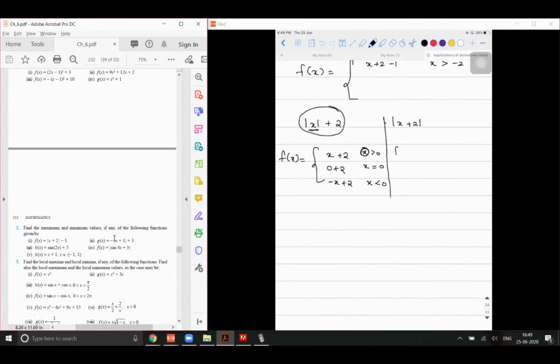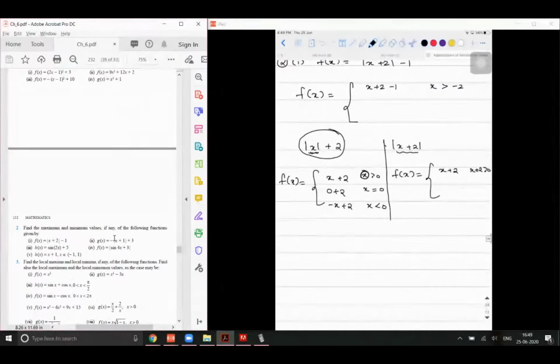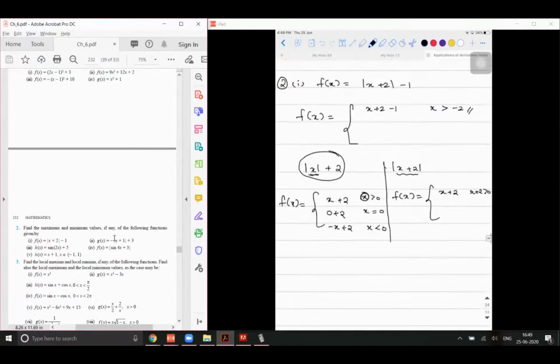Now if I take f of x, then I should write it as this value will give me a positive value if the value inside my modulus is greater than 0. So if x plus 2 is greater than 0, when you solve the inequality, you will get x is greater than minus 2. I hope you people understood.